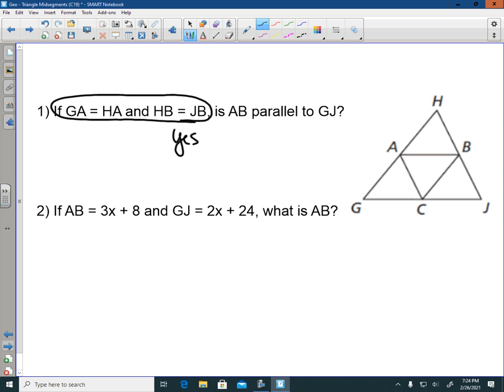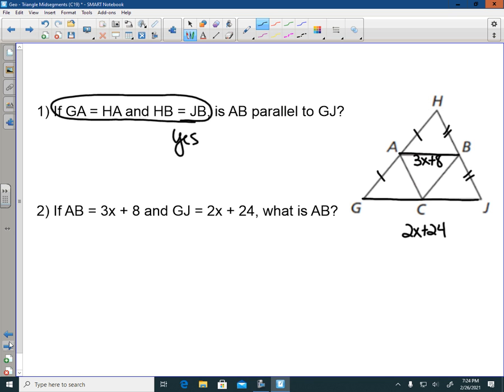If GA and HA are equal, and these guys are also equal, furthermore, if AB is equal to 3x plus 8, and GJ is 2x plus 24, this long side here is 2x plus 24, then what is AB? We're trying to find the length of this.